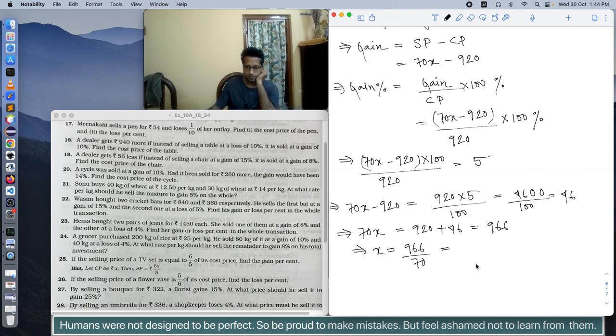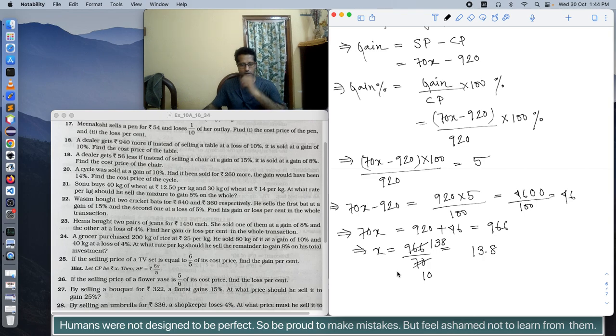7 should divide 966. So 7 divides 70 with 10, and 7 divides 966 with 1, 3 and 8. So this is equal to 13.8.